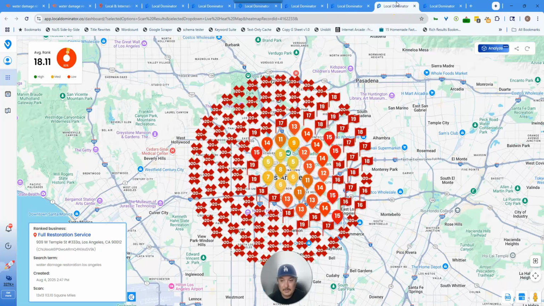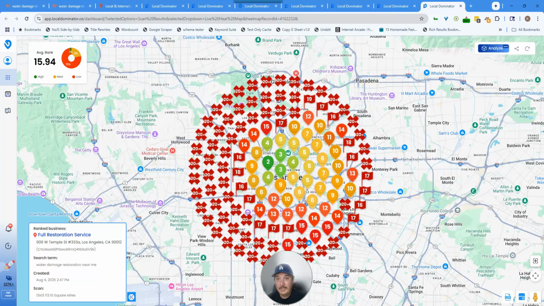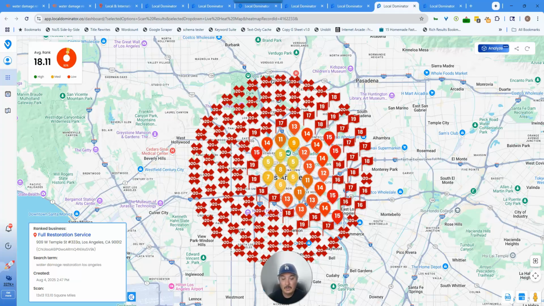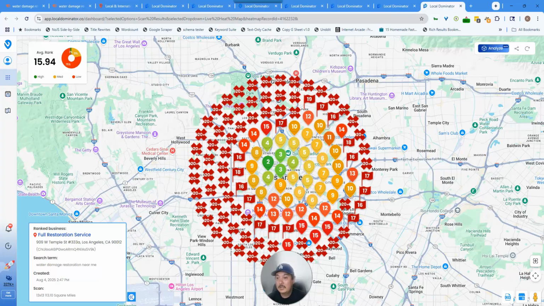So here's water damage restoration Los Angeles, and here's water damage restoration near me. This is a company who is probably actively spending money on SEO, because you can tell, because while their service in city keyword isn't doing great, their service near me keyword is expanding, it's ranking higher, and it looks like they're actually putting some effort behind this keyword.